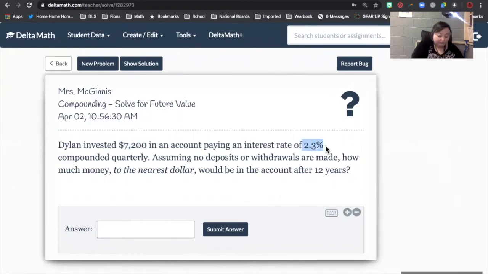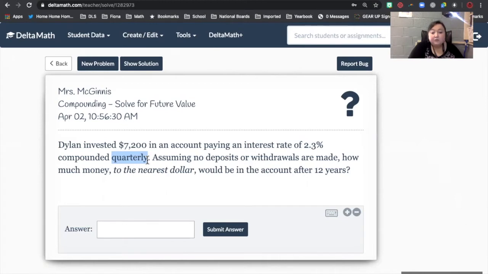So 2.3% is going to be our interest rate, but we're going to write that as a decimal. Right now it's written as a percent. So to write that as a decimal, that would be 0.023. It is compounded quarterly. Again, quarterly means 4. So our n value from our formula is going to be 4.